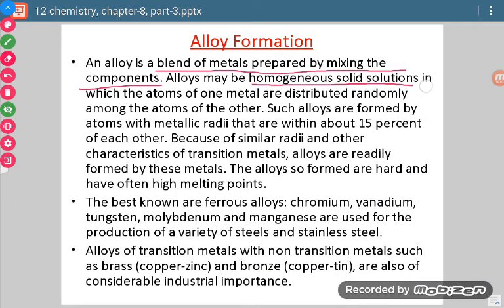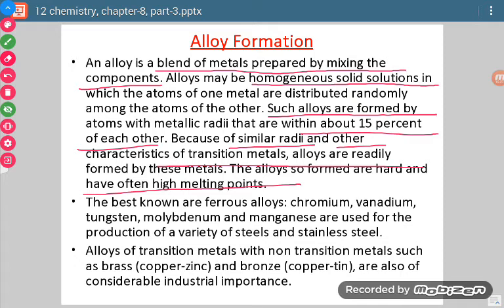Alloys may be homogeneous solid solutions in which the atoms of one metal are distributed randomly among the atoms of the other. Such alloys are formed by atoms with metallic radii that are within about 15% of each other. Because of similar radii and other characteristics of transition metals, alloys are readily formed by these metals. The alloys so formed are hard and often have very high melting points.